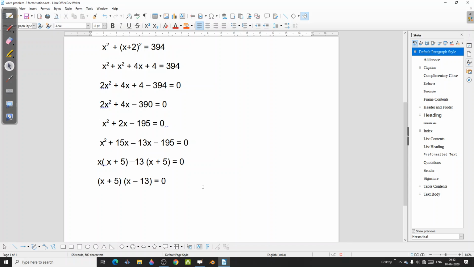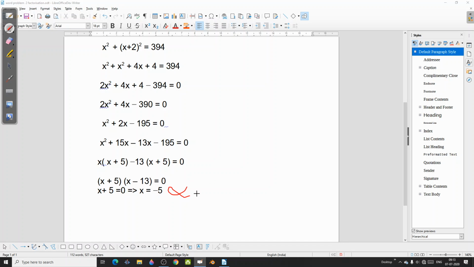Now we will compare both of them equal to 0. So we get x plus 15 equal to 0. On solving this, we will get x equal to minus 15. Rejecting this, we will reject this one. Why will we reject?